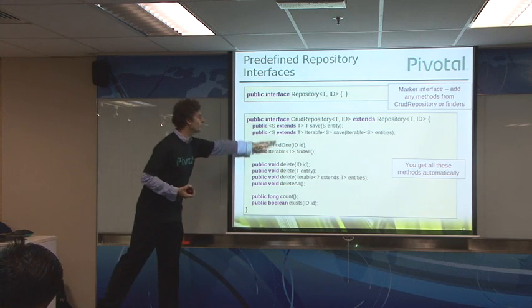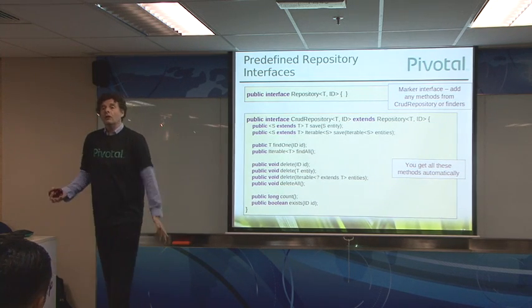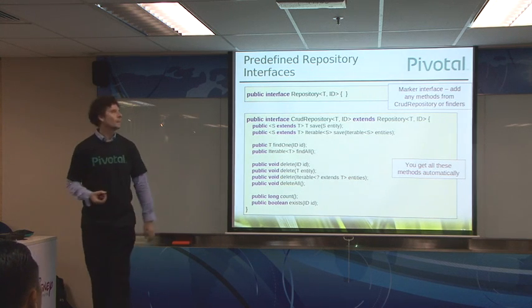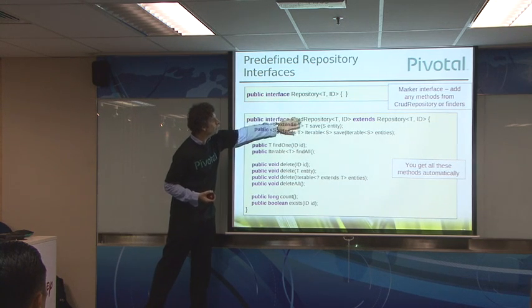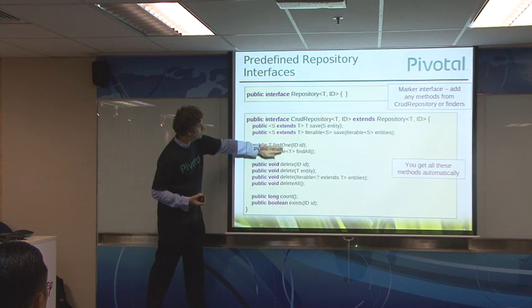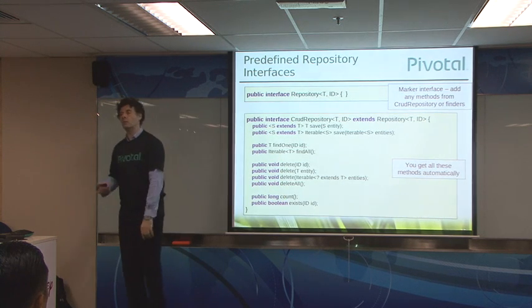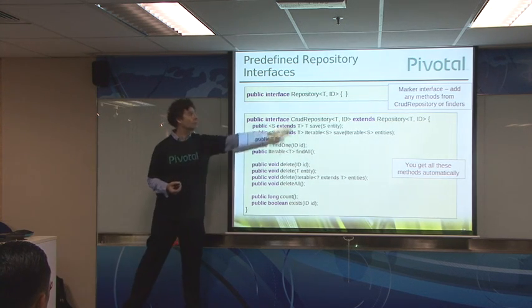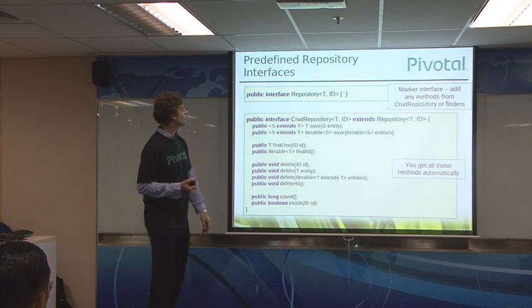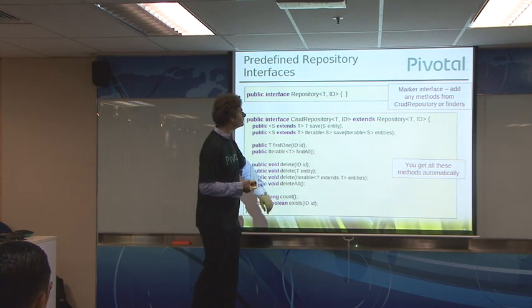We define a reasonable number of methods, but if you leave us alone, we'll implement them for you. So, CrudRepository defines 10, which gives you a couple of saves, a couple of finders, delete, and then a couple of management ones, count and exists. And this is the complete interface of the CrudRepository.